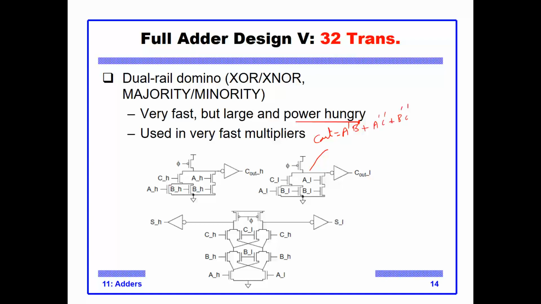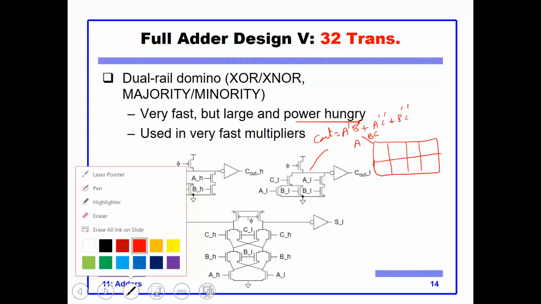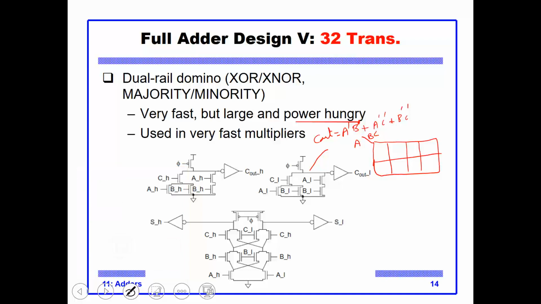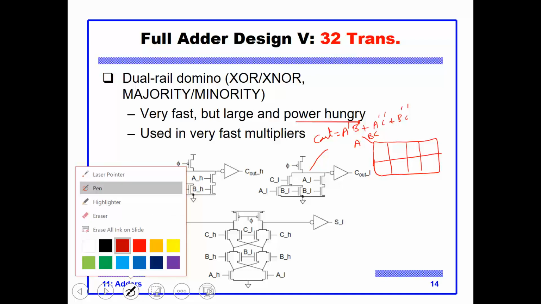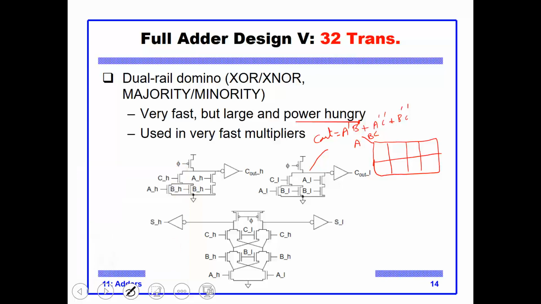And if we draw the K map quickly, this is the A, B, C. Let's choose green here. So 0, 1, 0, 0, 0, 1, 1, 1, 1, 0.